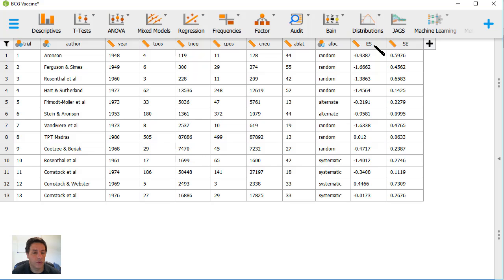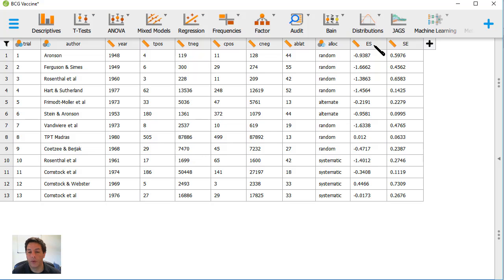In this case, this is about the effectiveness of a vaccine, and the effect size is log odds, which is the number of positive cases over the number of negative cases in a group that was vaccinated, and that gives you a probability.